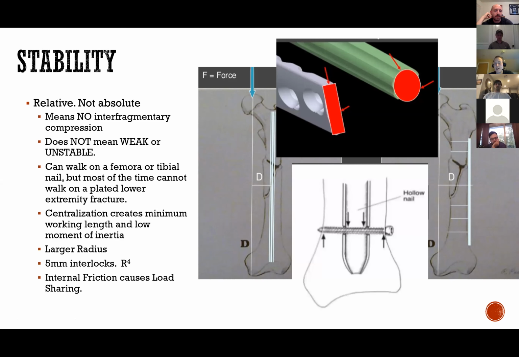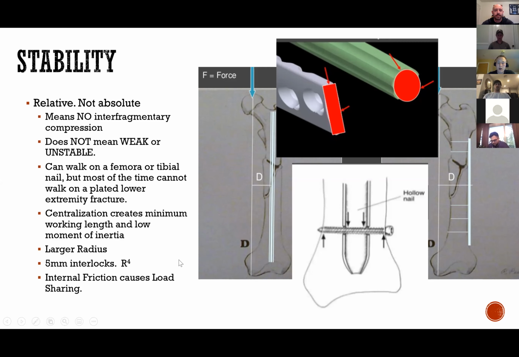And finally, nails are load-sharing devices, meaning the friction of the internal bone cortex rubbing against this nail allows force transfer from the nail to the bone all the way along the length of it. So you're not entirely relying, like with a plate, on the strength of the plate. Some of the forces are shared by the bone in a nail.